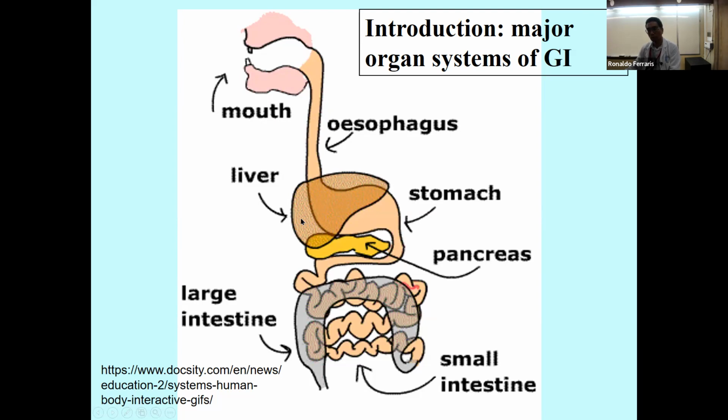Conceptually, we know from high school or undergraduate biology that the stomach secretes acid, and the associated organs are the liver and the pancreas. The pancreas is a major organ system, and it secretes bicarbonate.